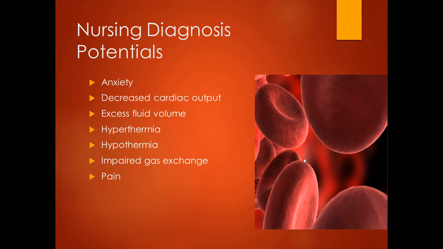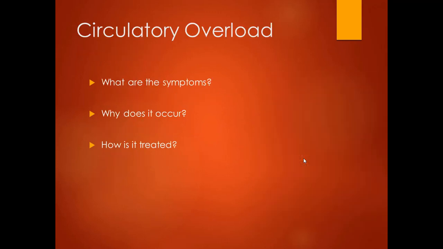Nursing diagnosis: circulatory overload. Common in the elderly, like I said. So the signs and symptoms that we're going to see, they're going to be dyspneic, they're going to have orthopnea, wheezing, tightness in the chest, they're going to be coughing, they're going to be cyanotic, and breathing faster just because they're trying to get the air in and they can't.